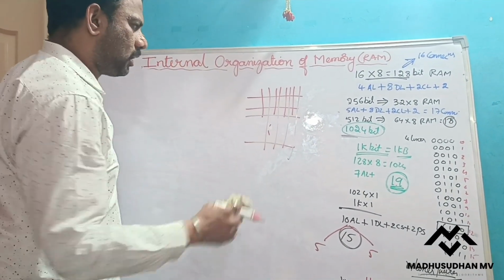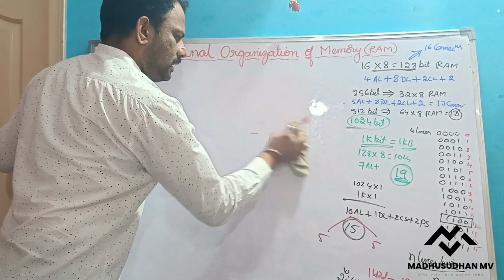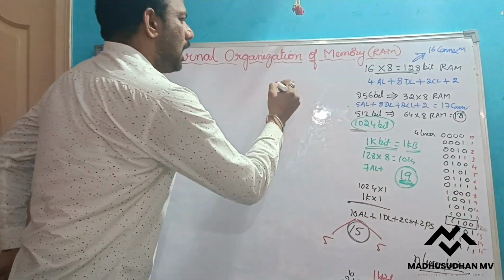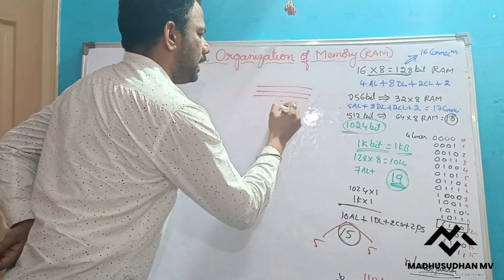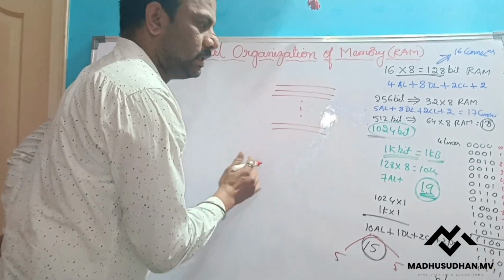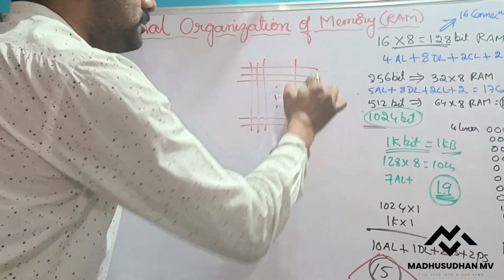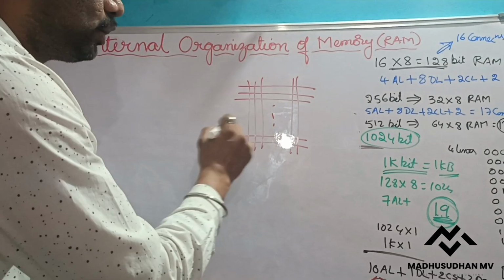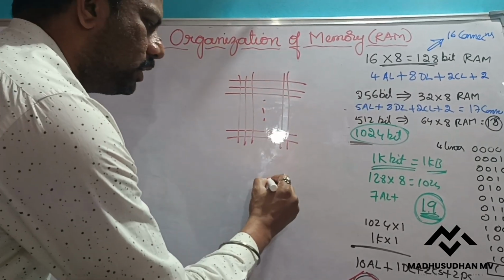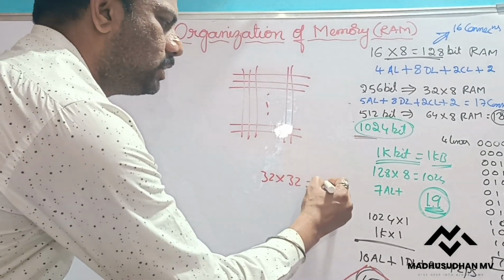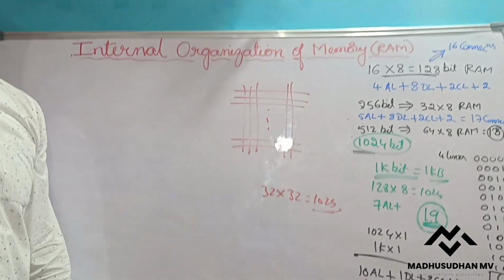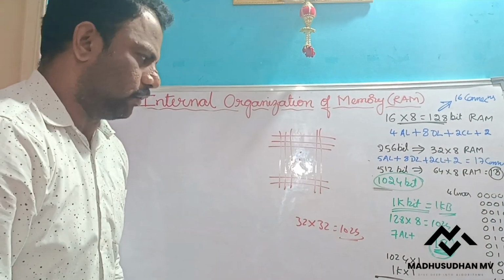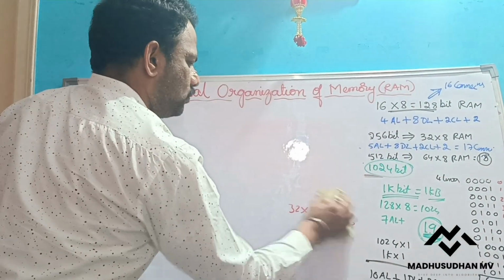That means I am having 32 rows, and similarly 32 columns. So 32 into 32 is 1024 only. That logic I will use now.